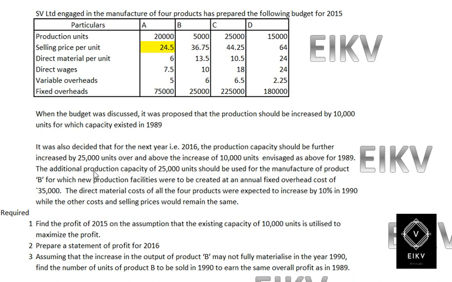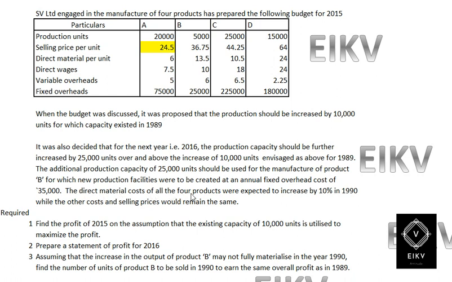For 1989, the additional production capacity of 25,000 units should be used for the manufacturing of product B, for which new production facility were to be created at an annual fixed overhead cost of rupees 35,000.